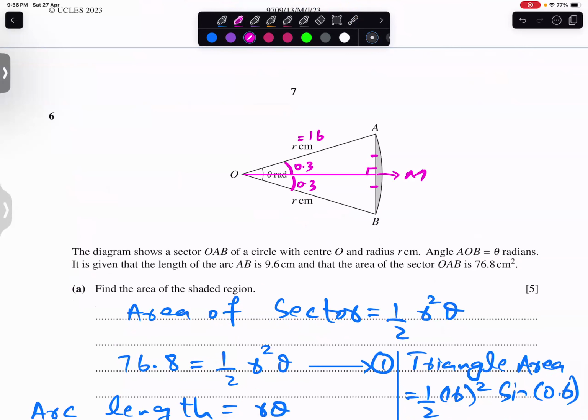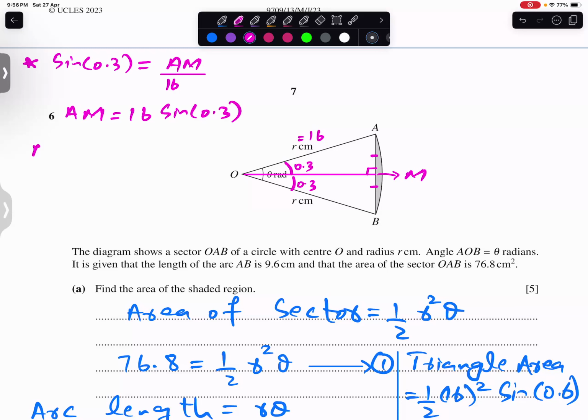To find AM, we can apply sine. So sine of 0.3 is equal to the perpendicular, which is AM, over the hypotenuse, which is 16. So AM is 16 times sine of 0.3.